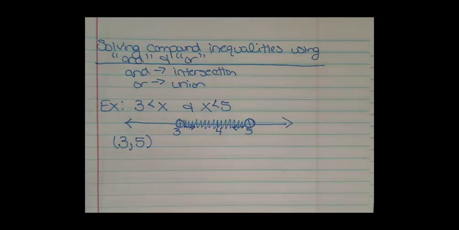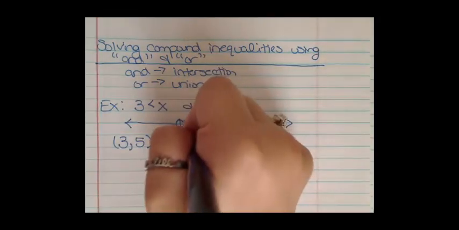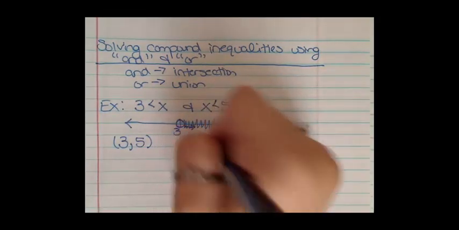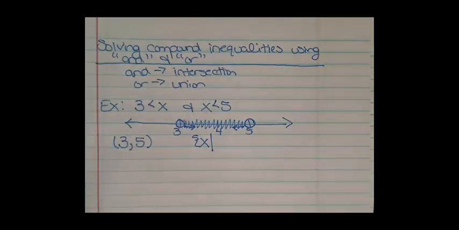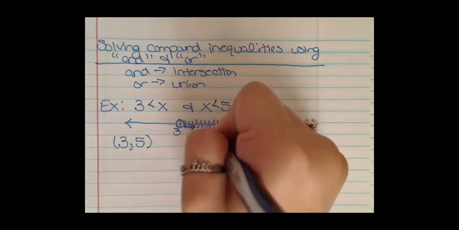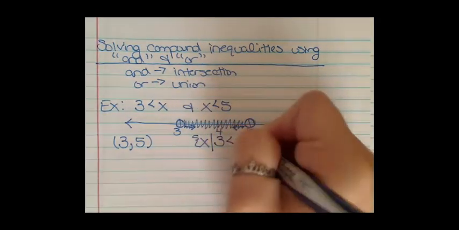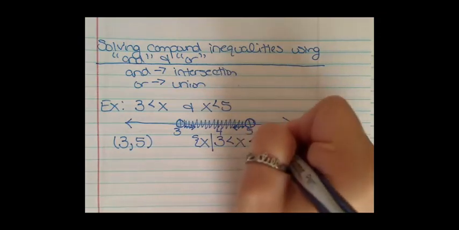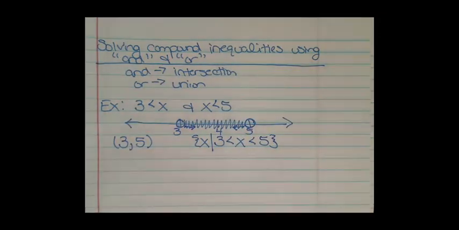Do you think we can combine this all into one thing? I think you can. We have 3 is less than x, which is less than 5. And that's how you do the set builder notation for that one as well. All right, so that one's the one with "and". Let's do a problem with "or", and then I'll work some of your homework for you.